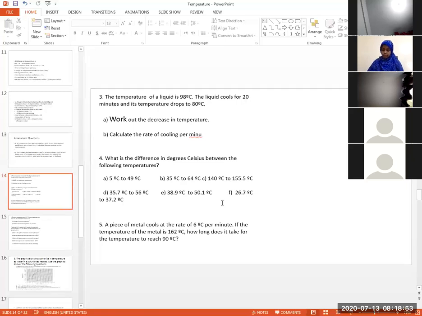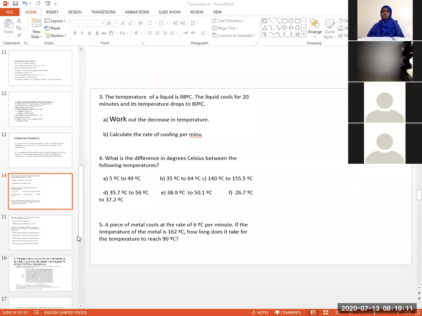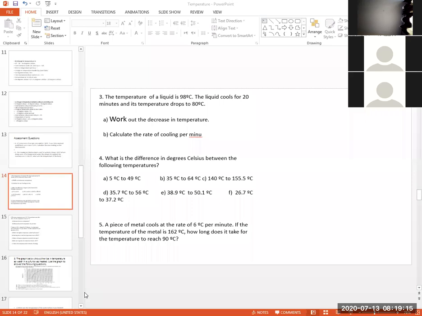Now the question is, if the temperature of the metal is 162 degrees, how long does it take for the temperature to reach 90 degrees? Now I taught you this, when you are given a word equation, to solve it, you begin by putting the summary. You make the summary of the question, after which you can continue to solve it.